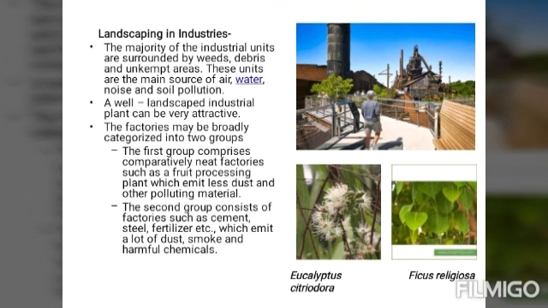The majority of industrial units are surrounded by what? By weeds and debris and unkept area. These units are the main source of air, water, noise and soil pollution. So beautification of factories and industrial townships is needed to create a better environment.